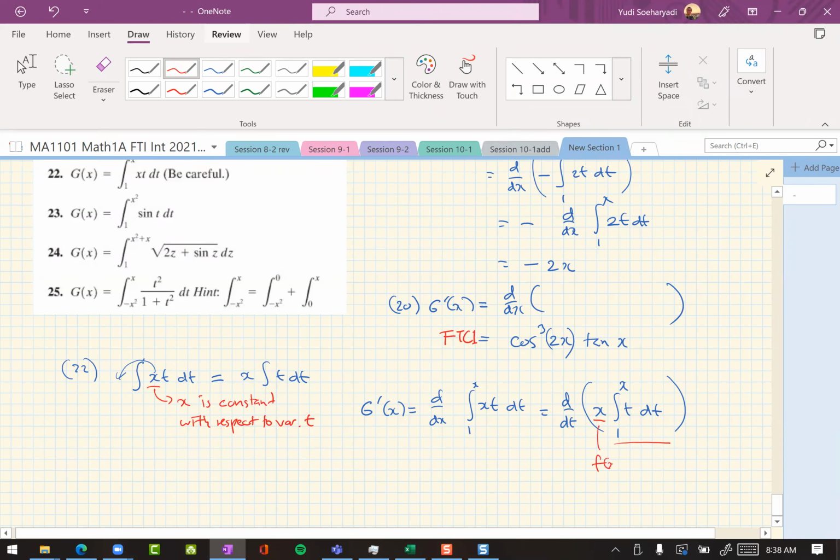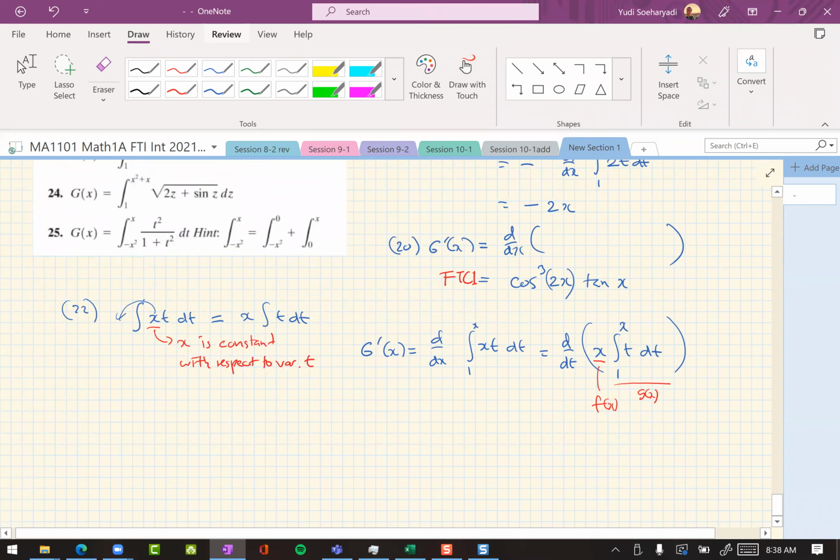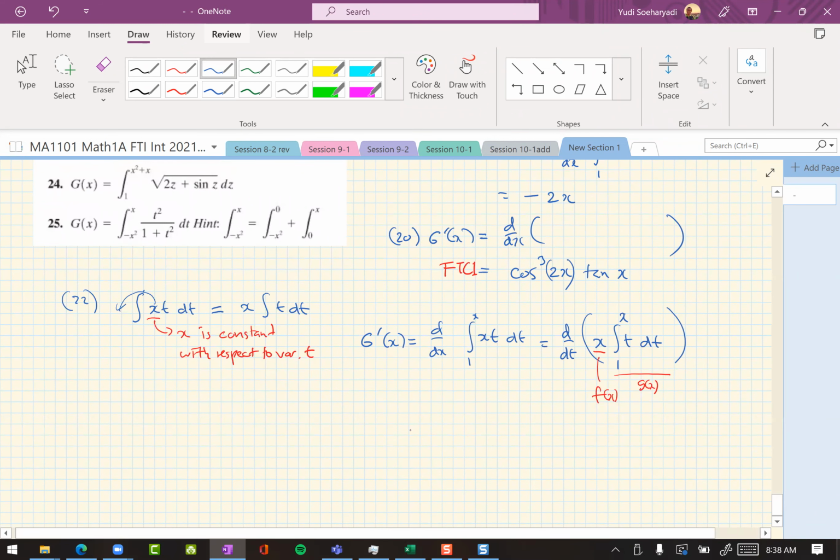So this is x times g of x. Okay, so product rule in this case. The derivative of x is just one, so you get this one. Plus x times the derivative of this.